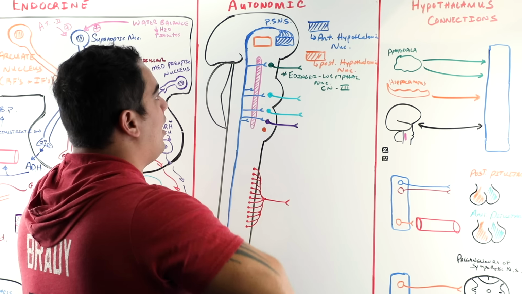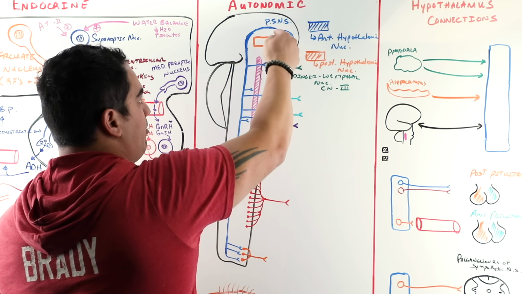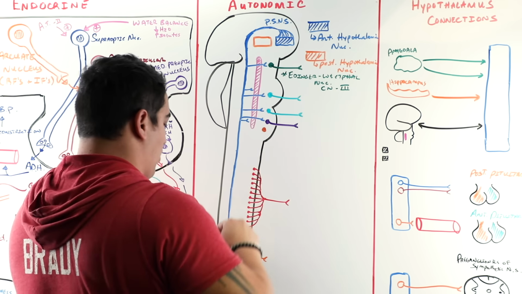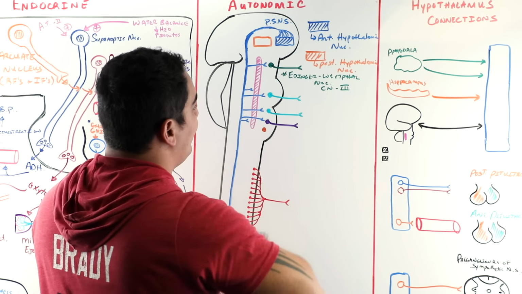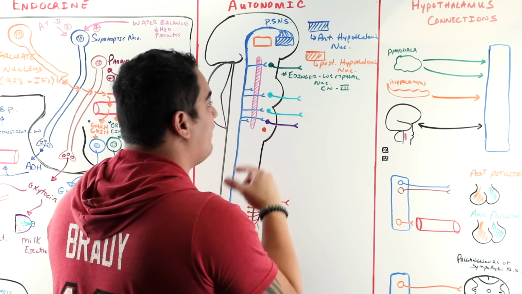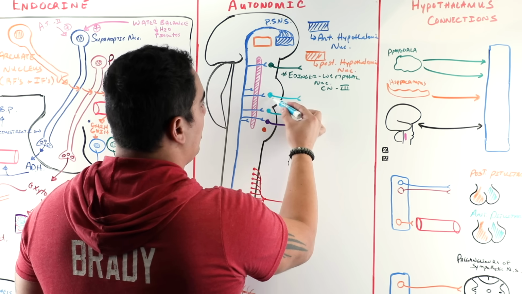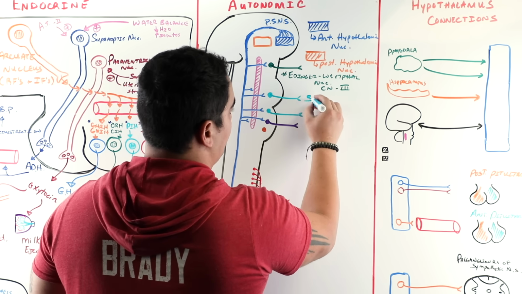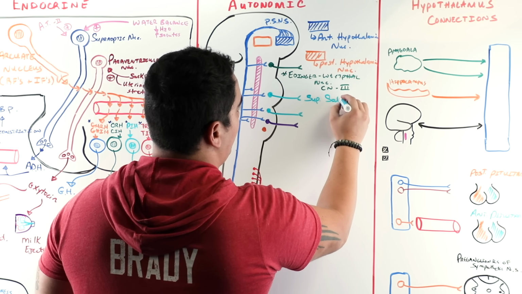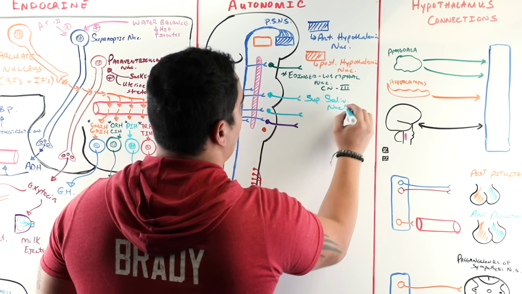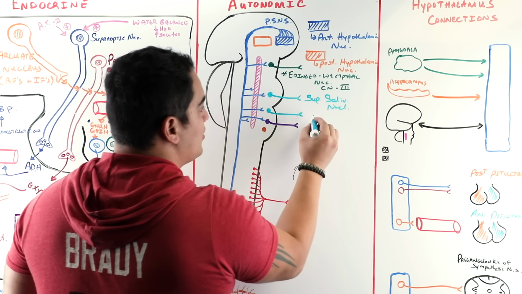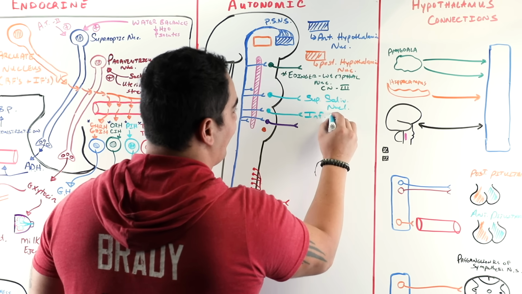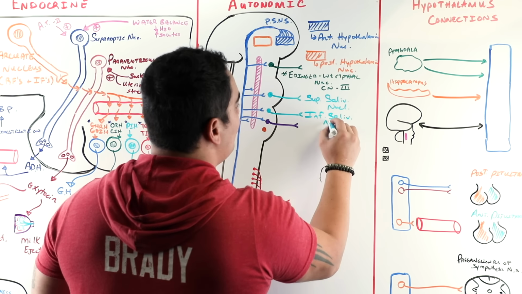Then, if you come down, not only is this parasympathetic part of the hypothalamus connected with the Edinger-Westphal, but it's also connected with these two nuclei that are involved with salivation. This nucleus is higher up, so this is the superior salivatory nucleus. This one is inferior, so this is called your inferior salivatory nucleus.